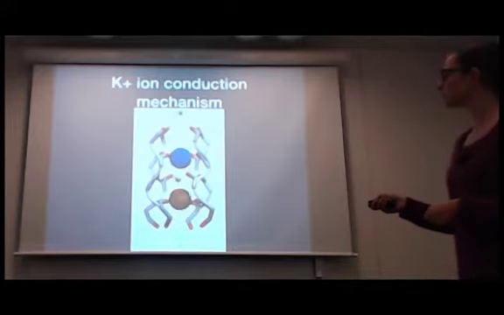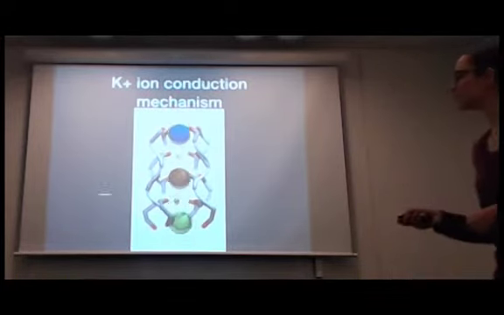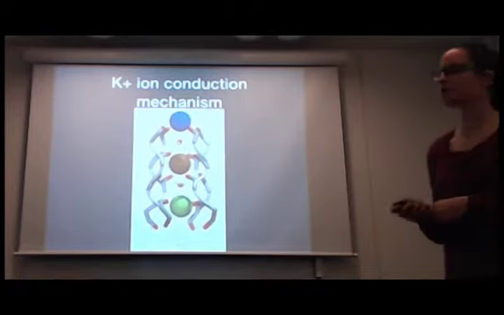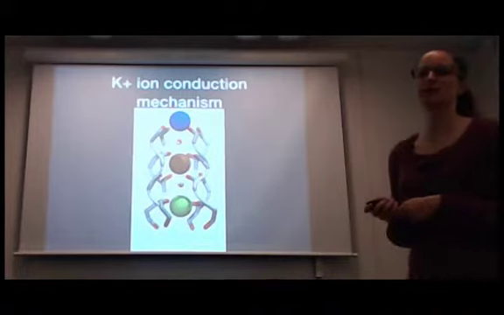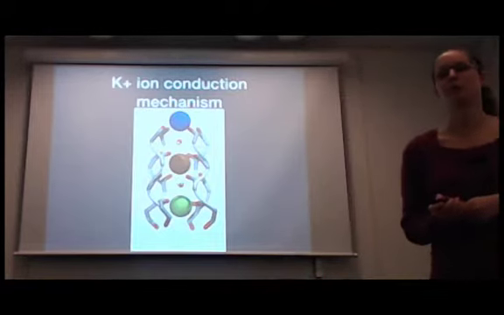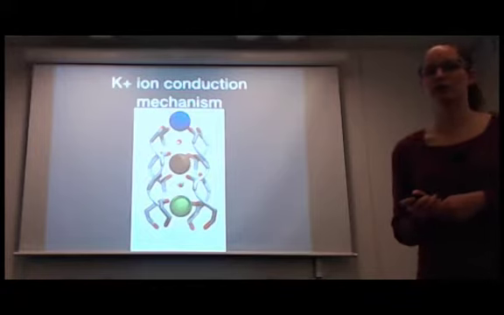And as I said before, sodium ions are smaller, so they tend to not stay localized in these regions, but instead they tend to be localized between 4 of these carbonyls, and this makes a less favorable thermodynamic arrangement, and this is one of the proposed mechanisms for potassium selectivity over sodium.